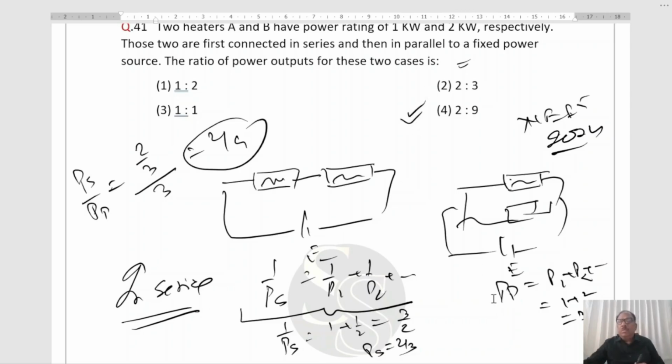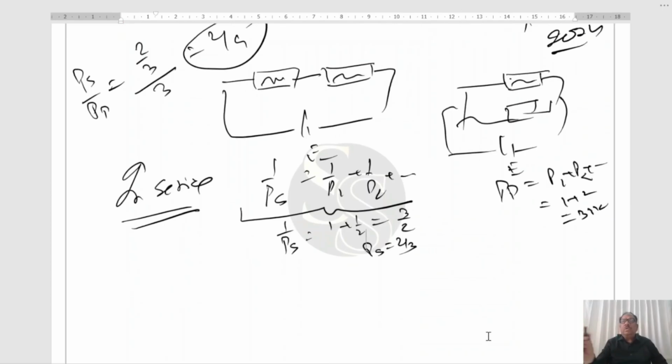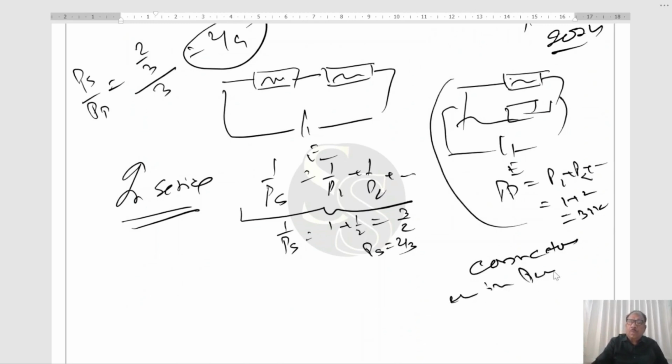Now, domestic connections are in parallel, right?